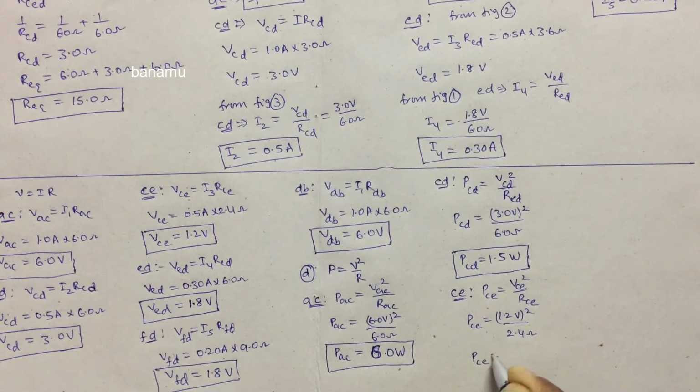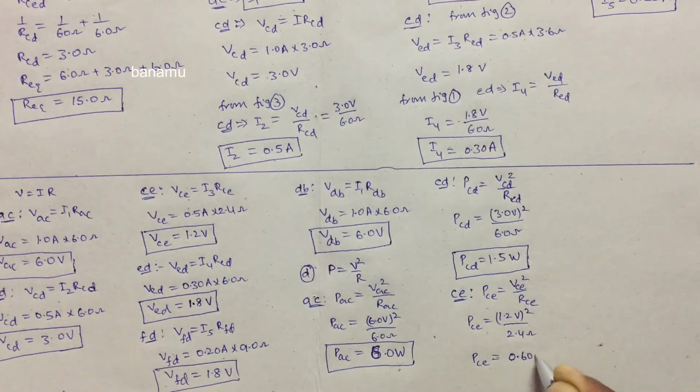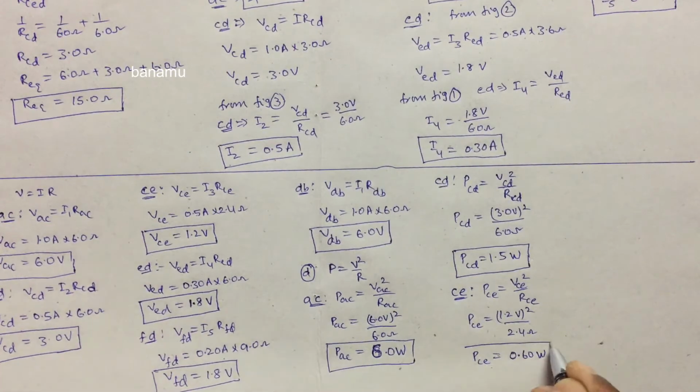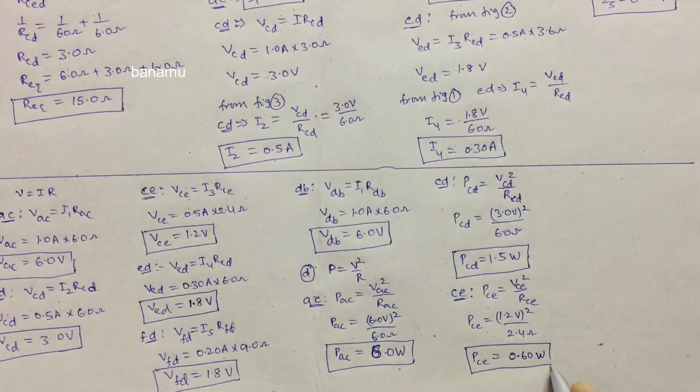So PCE is equal to 0.6 watts. This is the power dissipated in the 2.4 ohms resistance between the points CE, 0.6 watts.